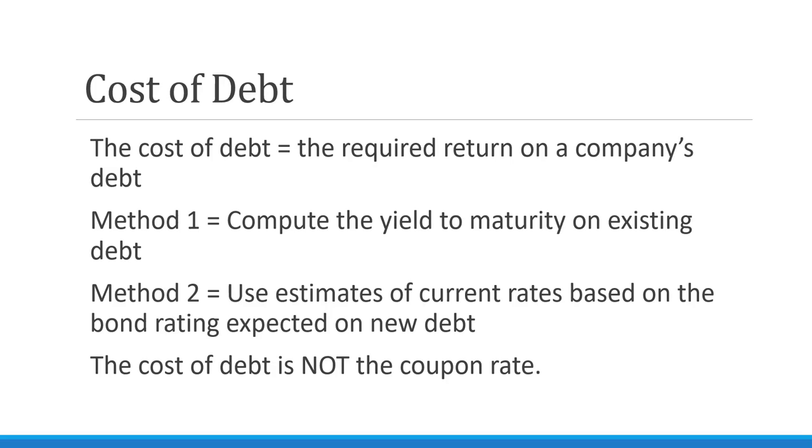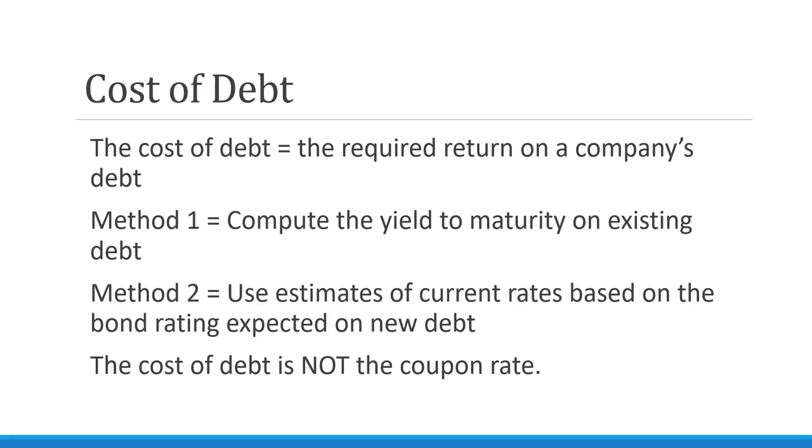The second method is to use estimates of current rates based on the bond rating expected on any new debt that would be issued. So a firm's bond rating helps determine the expected return on their bonds, so that would be a good rate that we could use.